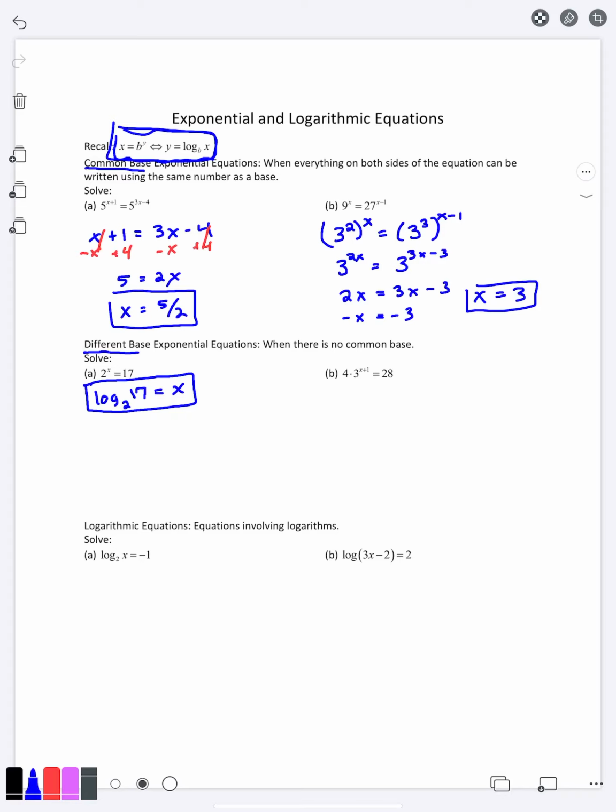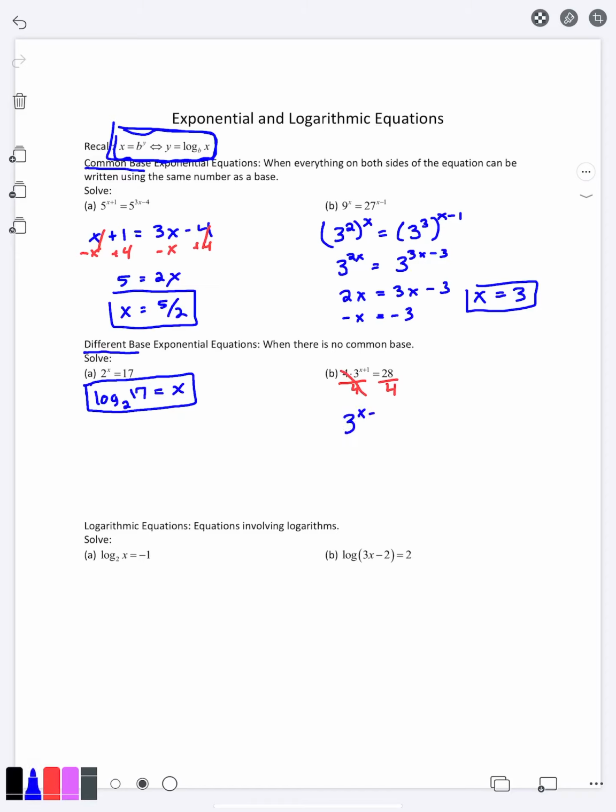Now for the next one, we have to be a little bit careful, because we have 4 times 3 to the x plus 1 equals 28. The x plus 1 on the left is only the exponent of the 3. It's not the exponent of the 4. You also can't do the 4 times 3 is 12 because they have different exponents. So when you have a scenario like this, you need to get rid of any extraneous numbers in the front.